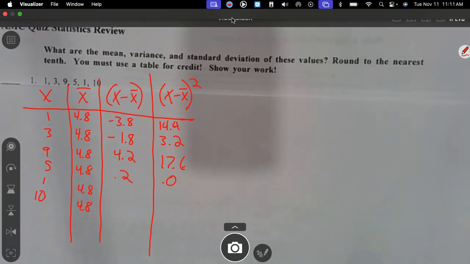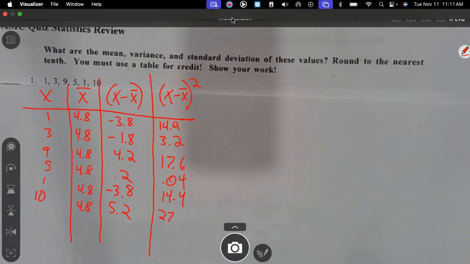Square it, 0.04. 1 minus 4.8 is negative 3.8, and I get 14.4 again. I should have just written it down, I forgot it was the same answer. I get 5.2 and then I square it and I get 27.0. Okay, there's all my squared answers.